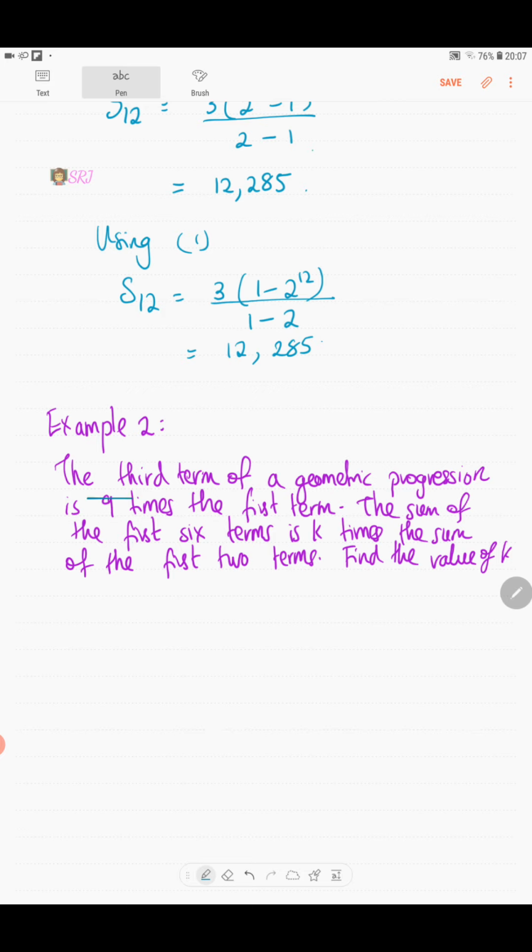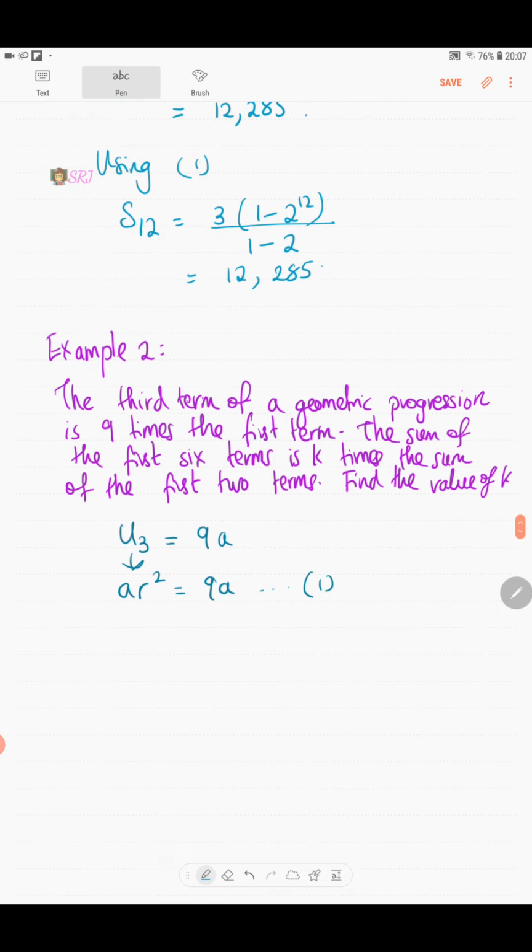So here, the third term of a geometric progression, that is u3, is 9 times the first term. So we obtain this equation, u3 is equal to 9a. And u3, the third term, is ar square. So this is the first equation.